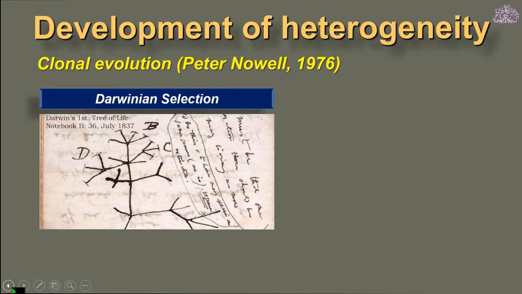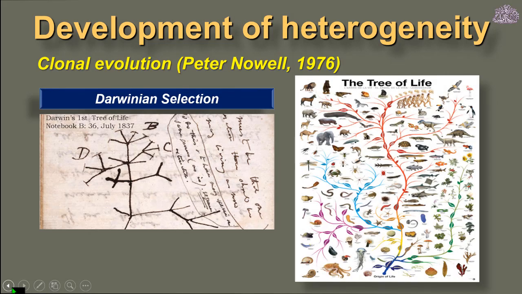And this really was the basis of taking inspiration from the Darwinian selection of how life on Earth arose from a relatively simple organism and then ended up in this complex tree of life that accounts for the variability of life on Earth.